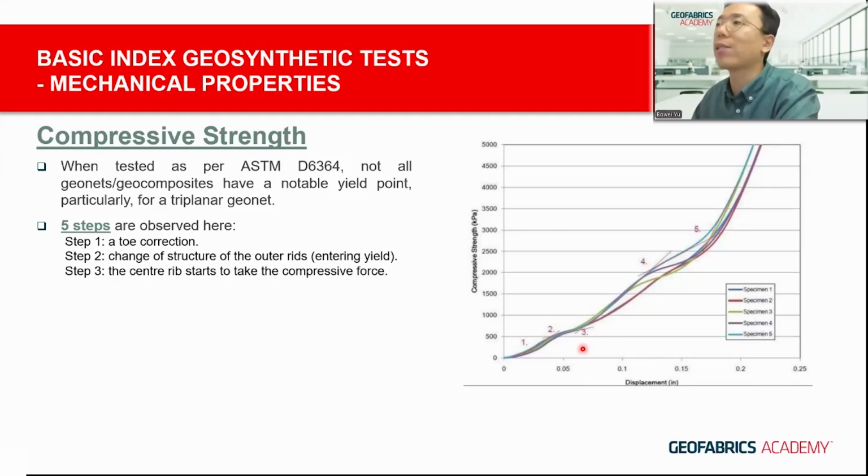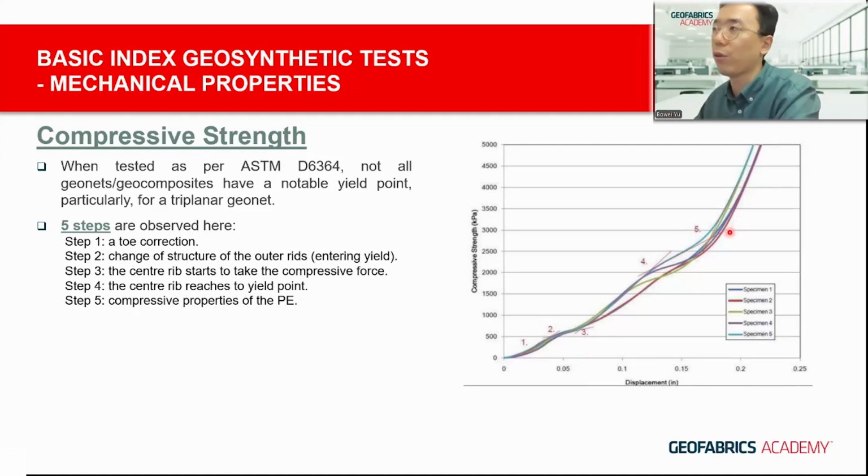Stage 3 is the time when the central rib in the geonet starts to really take the compressive force. And point 4 is where that center rib starts to enter the yield point. And stage 5 is where the material starts to lose its three-dimensional structure. And we are just looking at the compressive properties of the PE. Hence, here you have a very steep slope.